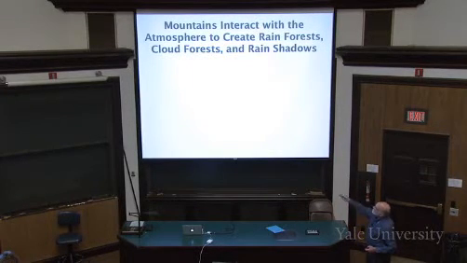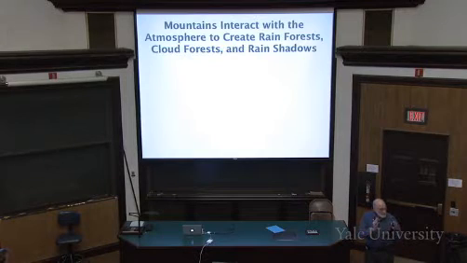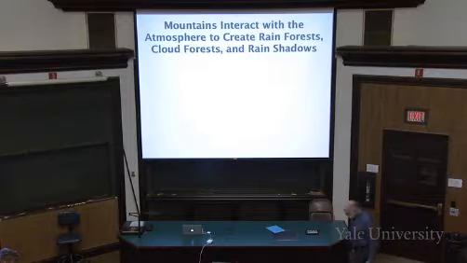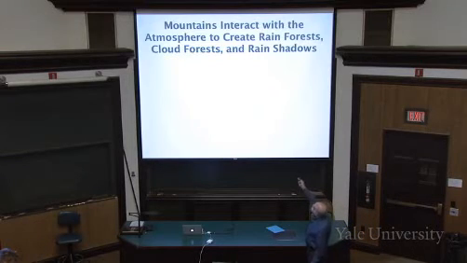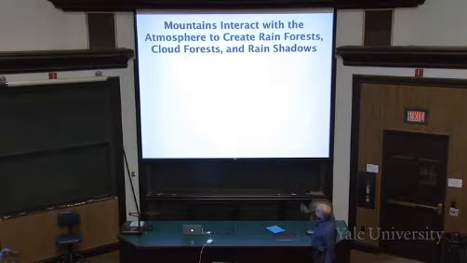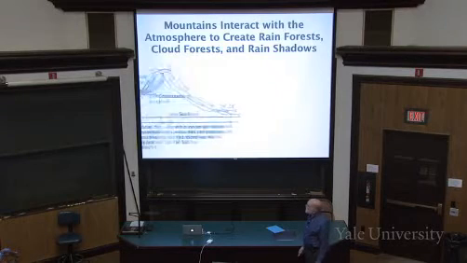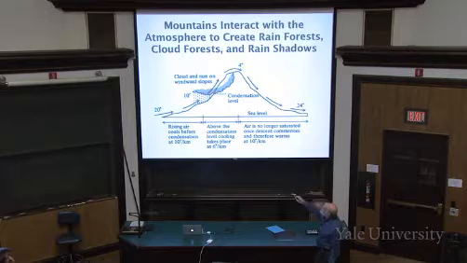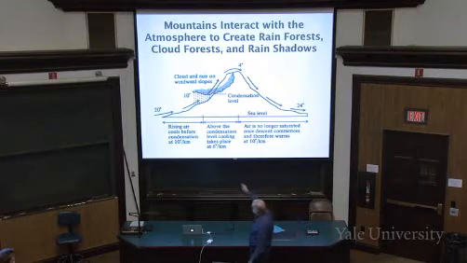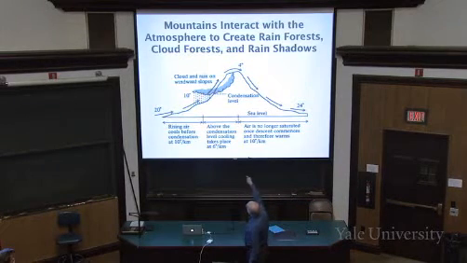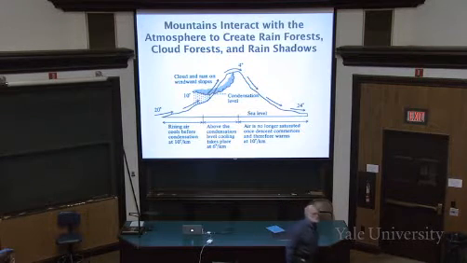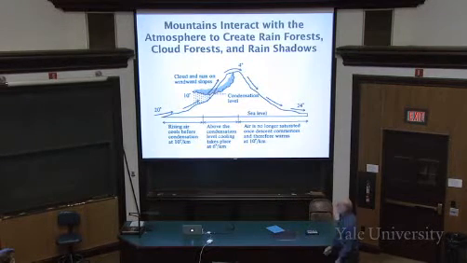Part of it at a local level, if you're looking, say, at what's generating the rainforest in Chile or what's generating the rainforest in British Columbia, has to do with the way that mountains are interacting with atmosphere. So in these situations, you have clouds that are coming in off of the ocean, and they are being forced upward by a mountain range. And there's some very simple physical chemistry that goes on when you force a cloud upward.